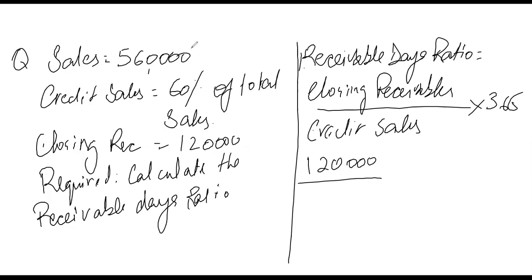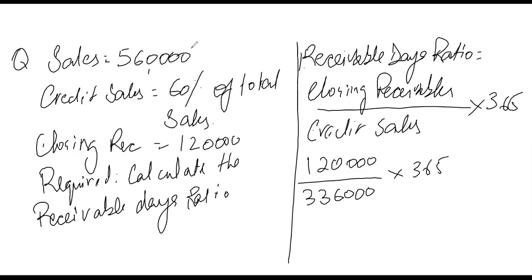My credit sales will be 60% of the total sales amount. So 5,60,000 multiplied by 60%, I'll be getting an answer of 3,36,000, whole multiplied by 365 days. In order to get the answer in days, I'll have to multiply it by 365. So 1,20,000 divided by 336.